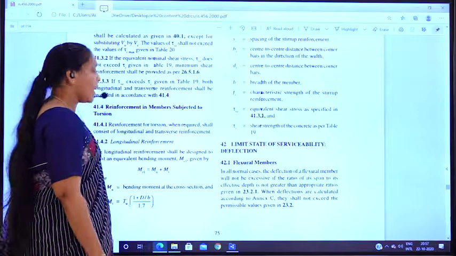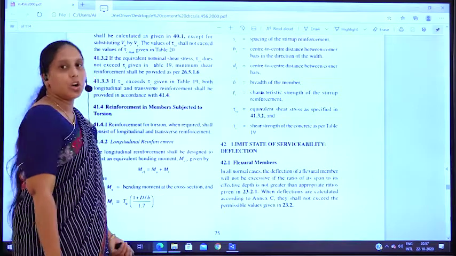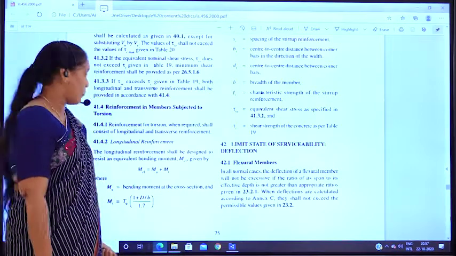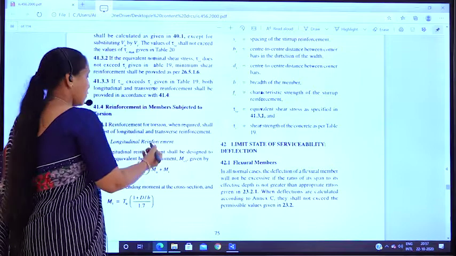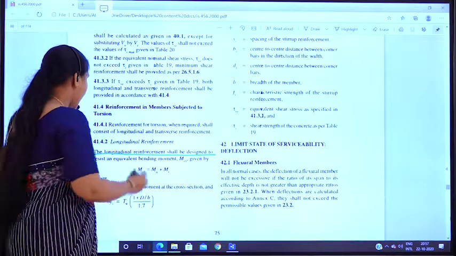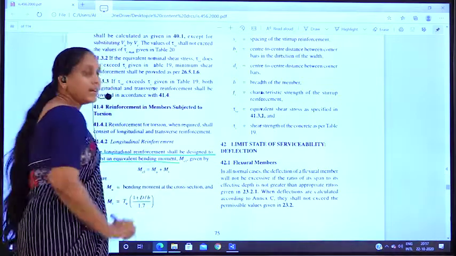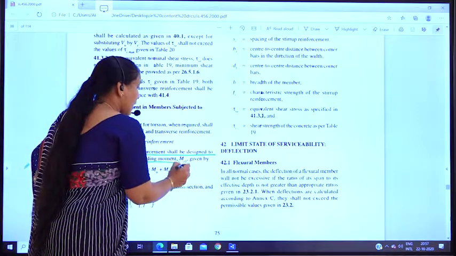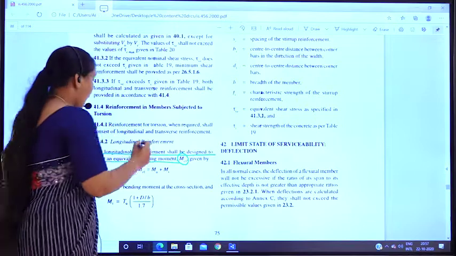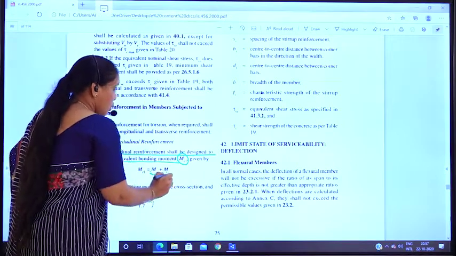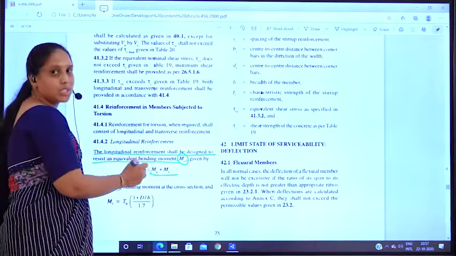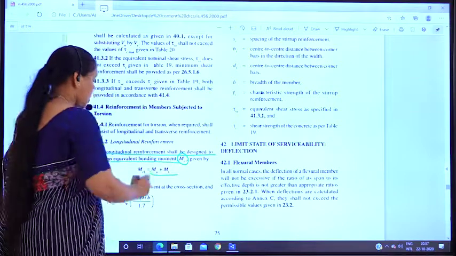How is the longitudinal reinforcement provided? The longitudinal reinforcement shall be designed to resist an equivalent bending moment. First we have to calculate the equivalent bending moment ME1. ME1 will be equal to MU plus MT, where MU is the bending moment at the cross section and MT is the torsional bending moment.